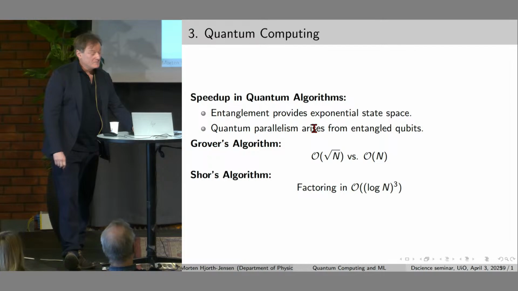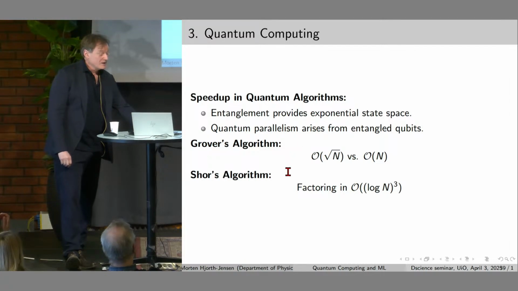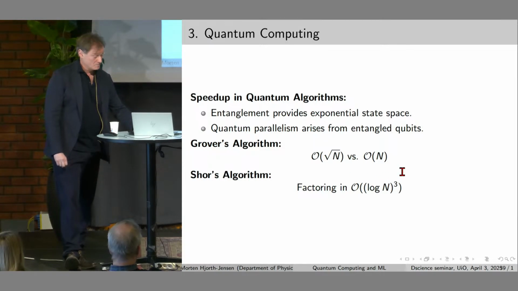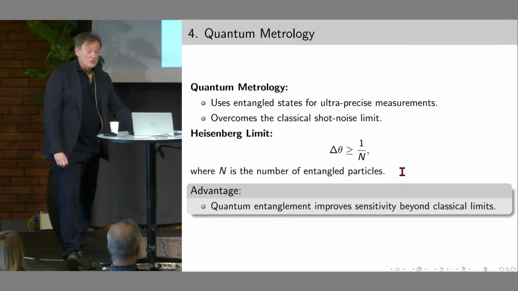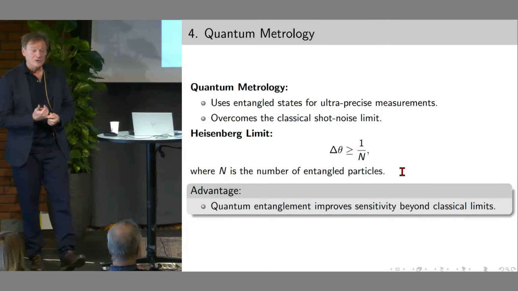Then quantum computing, if you look at something like Shor's algorithm for factoring, this is one of these algorithms where you can have a considerable speed up compared with classical algorithms. Quantum metrology is the topic which I'm interested in.